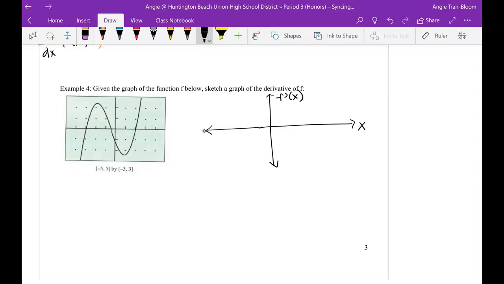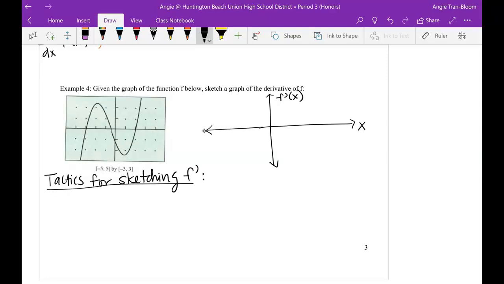So, tactics for sketching f prime. Let's start with the first one, an easy one. Look for the obvious slopes.